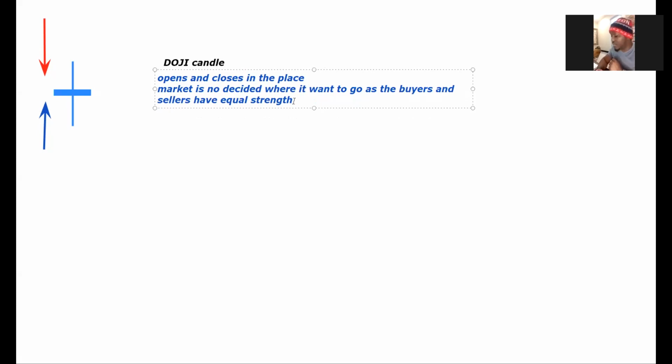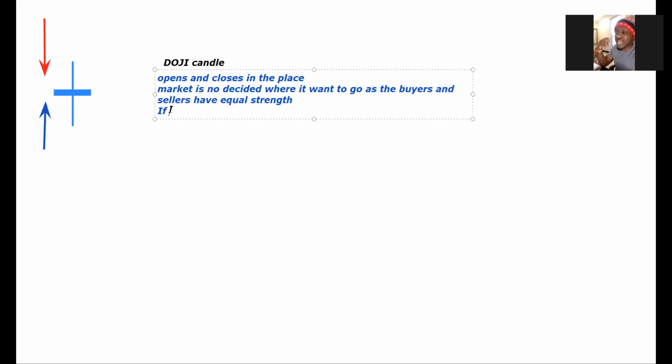Now, the beautiful thing about the doji is that if you see it at the end of an uptrend, it is signifying for us that the market will be reversing. That's the beautiful thing.